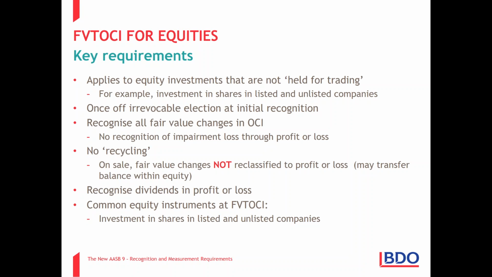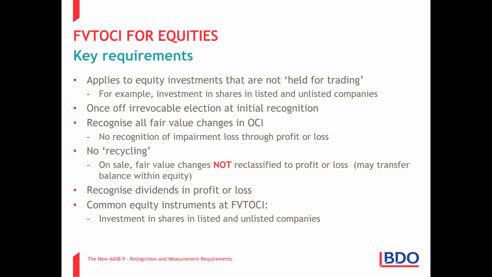So on sale, your fair value changes will not go through profit and loss, but you can, if you want to, make a direct transfer to retained earnings, which is what I would recommend. Otherwise, you're sitting with a revaluation reserve, but you no longer have the underlying asset in your statement of financial position, so it looks a bit odd. You would still recognize your dividends that you receive in profit or loss.